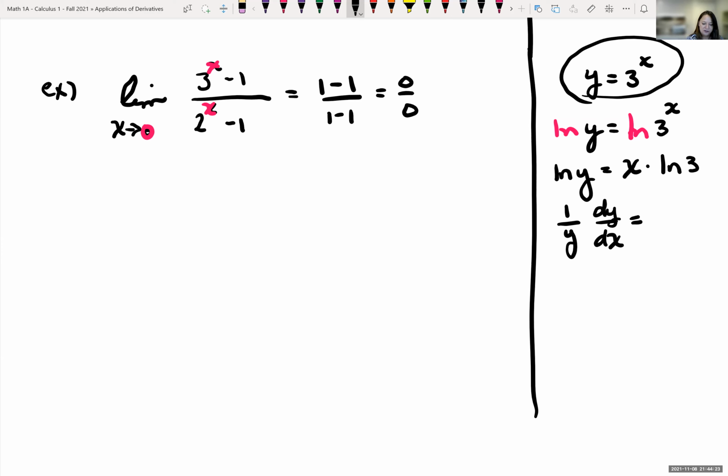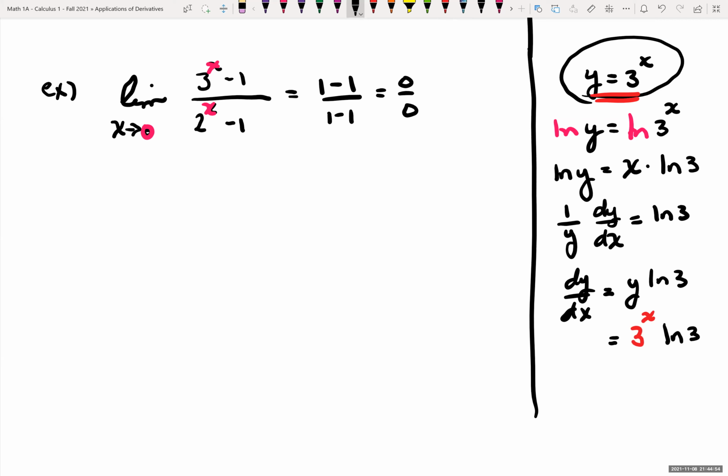So the derivative of x is just that coefficient in front, which we can think of as the natural log of 3. So for dy dx, multiply both sides by y. So we get y times natural log of 3. Well, let's go back and replace what y is. y is 3 to the x power times the natural log of 3.